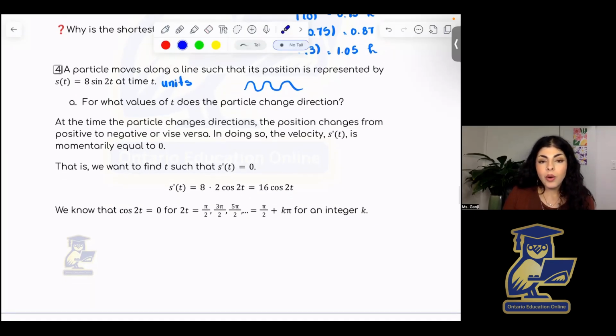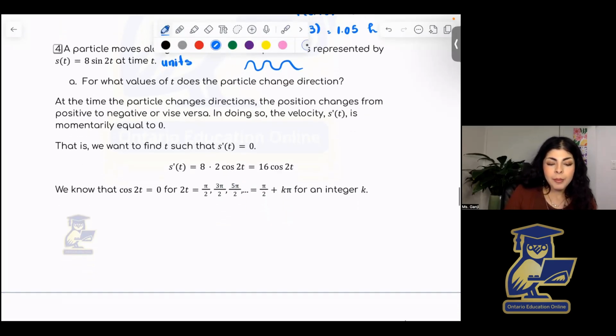So now we are using what we know about trigonometric functions. We know that cosine is equal to 0 when we have pi over 2, 3 pi over 2, 5 pi over 2. And as a general rule, pi over 2 plus k pi, where k is an integer. So if k is 1, we have this case. If k is 2, we have 5 pi over 2, and so on.